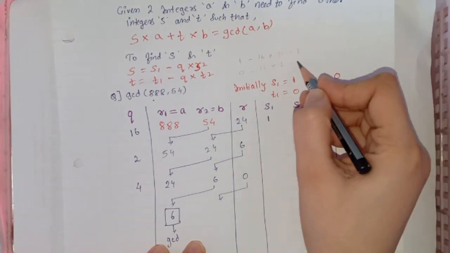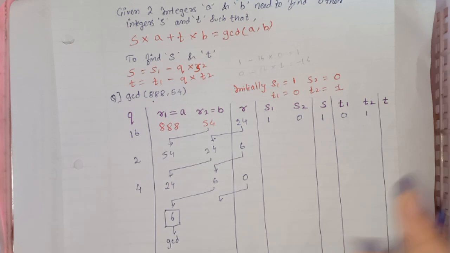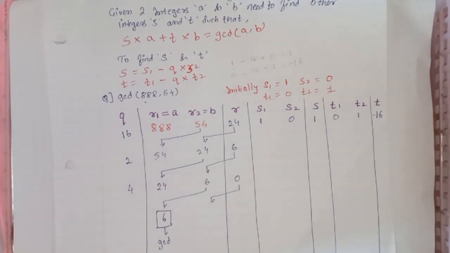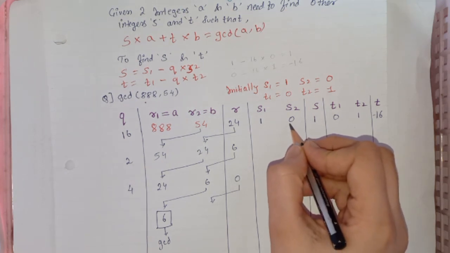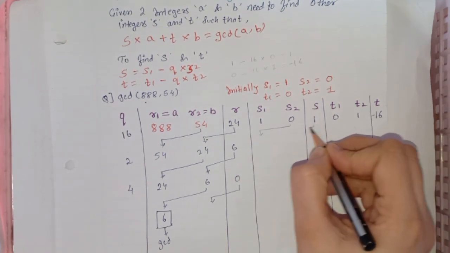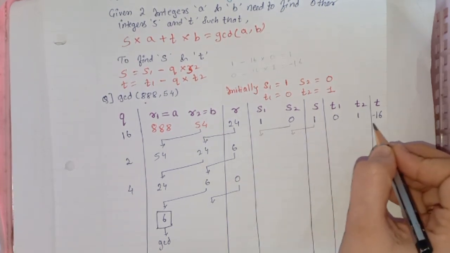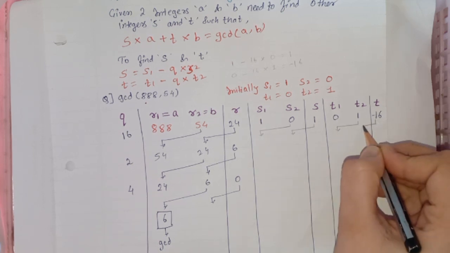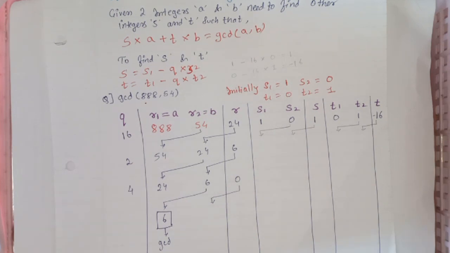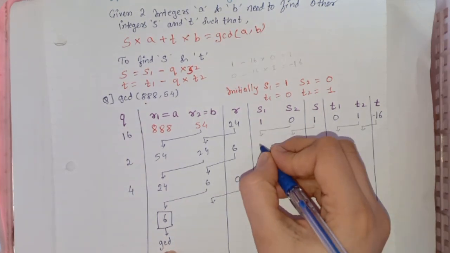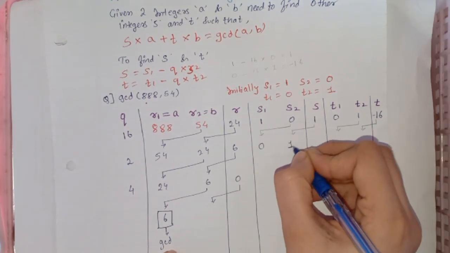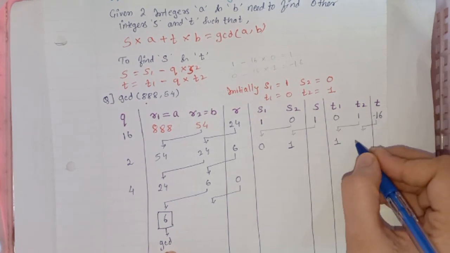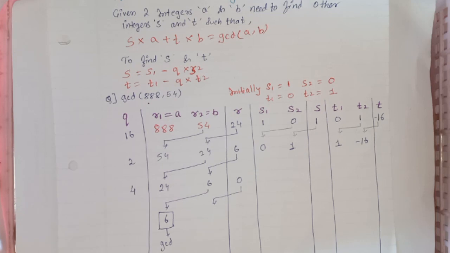So we get the answer as minus 16. Then in the next step we again do like this. This term comes here, this term comes here. Similarly, this term comes here, this term comes here. So here we get 0, here we get 1. Again T1 we get 1 and T2 is minus 16.